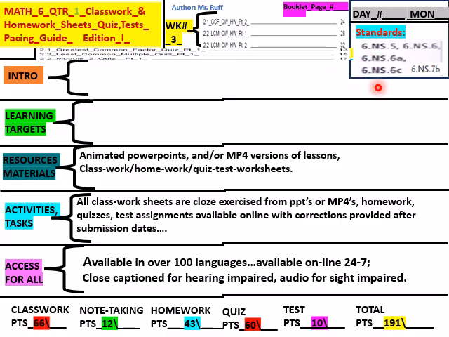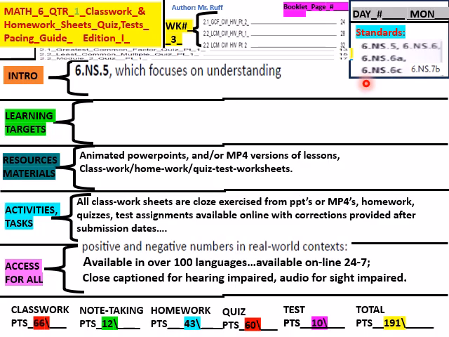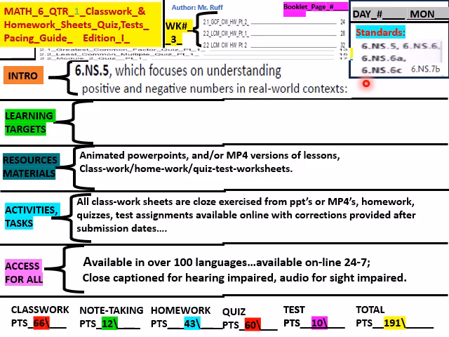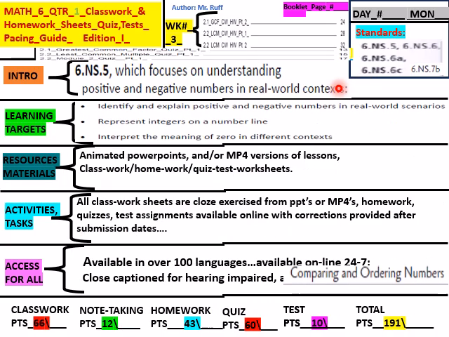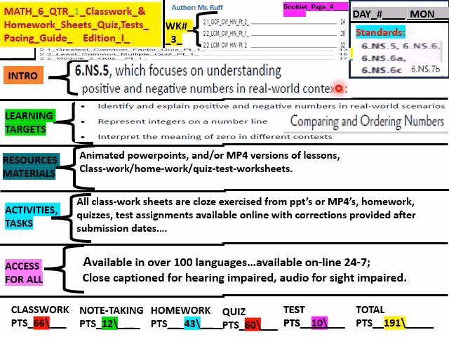6.NS.5 through 6.NS.7b, which are understanding positive and negative numbers in real-world context. And our learning targets will be identify and explain positive and negative numbers in real-world scenarios, represent integers on a number line, and interpret the meaning of 0 in different contexts, and comparing and ordering numbers.